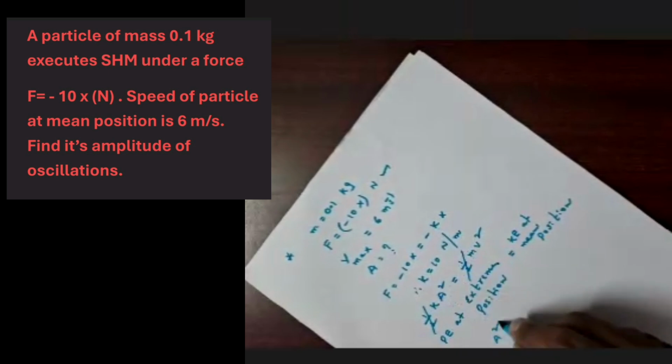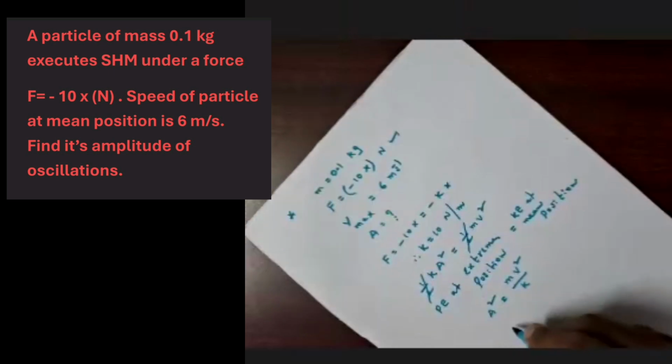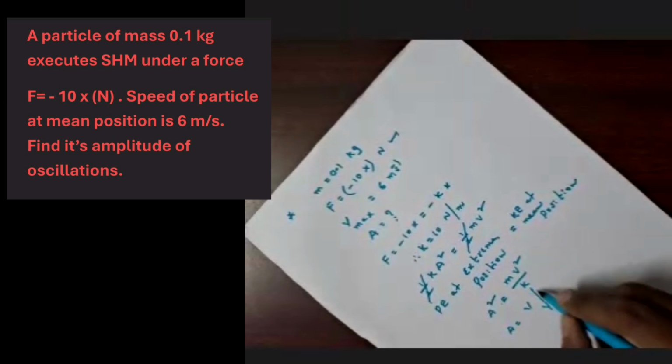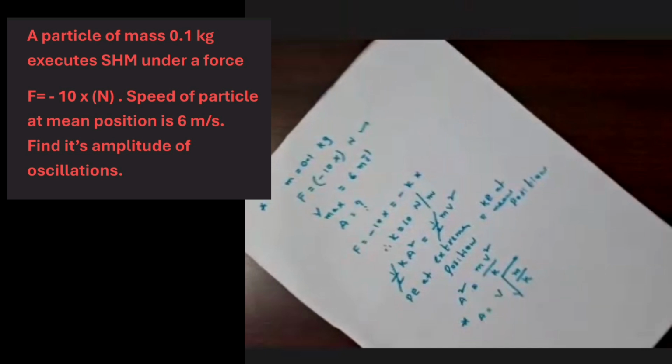So a square is equal to mv square by k. If you take the square root, a is equal to v root over m by k. This is the formula for the amplitude.